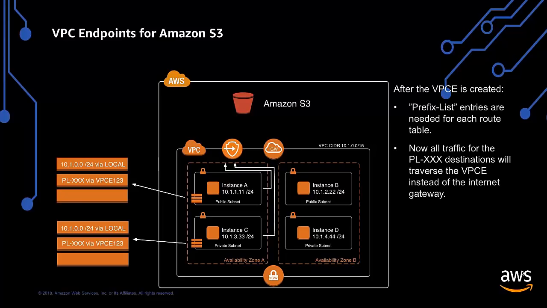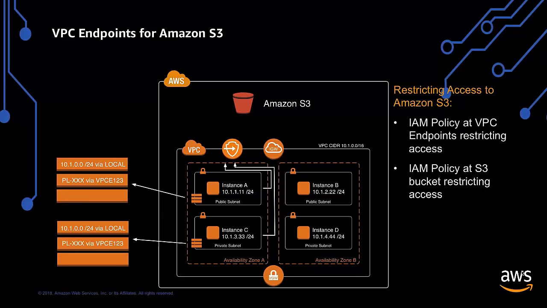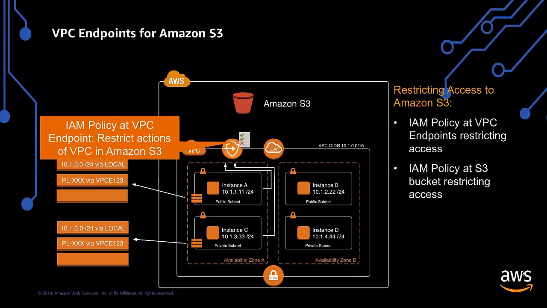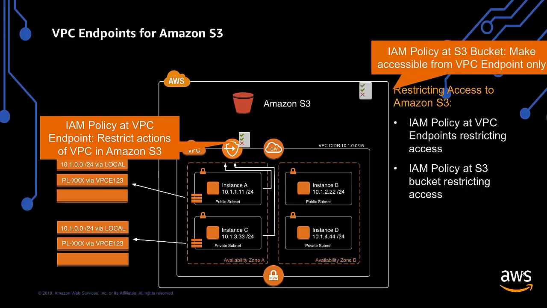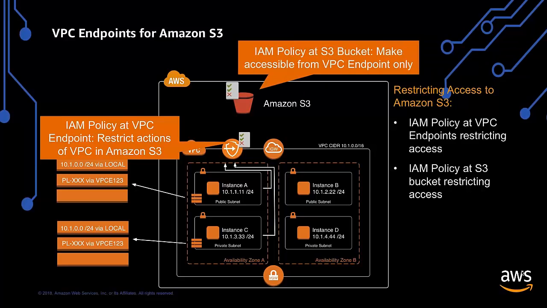Here at the endpoint, we can say, hey, this network or these endpoints can only reach these S3 buckets, or they can only do these actions. So we can get even more granular about what is allowed to S3 from this endpoint. Similarly, we can also apply a bucket policy in S3 that says this bucket can only be accessed from this endpoint. So you could say that only these instances can reach my S3 endpoint.